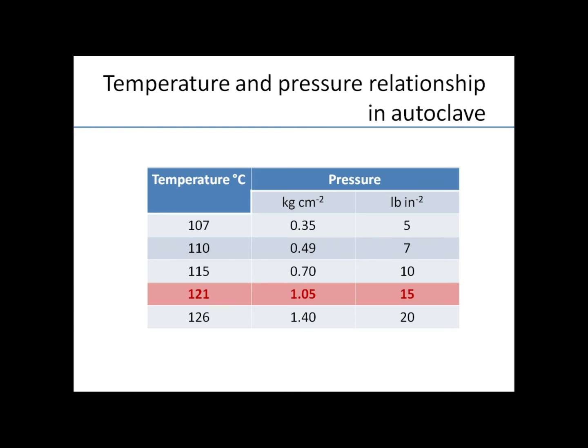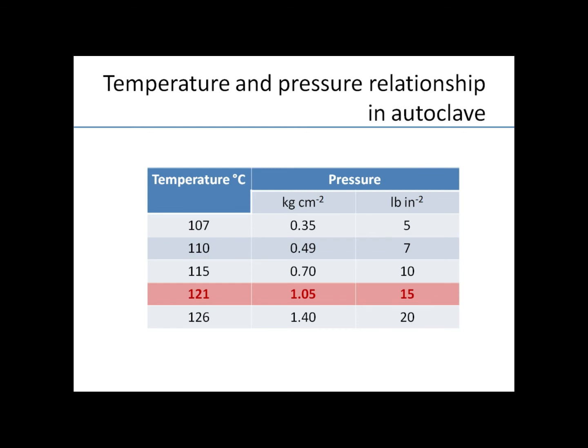We also see a relationship between temperature and pressure. If our temperature is 107 degrees Celsius, then the pressure developed inside the autoclave is 0.35 kg per square centimeter, or 5 pounds per square inch.